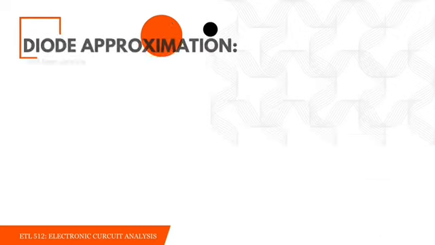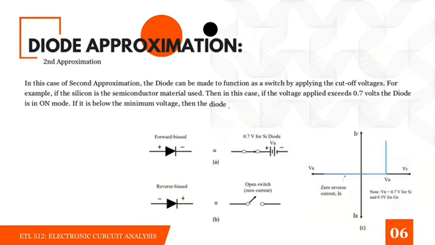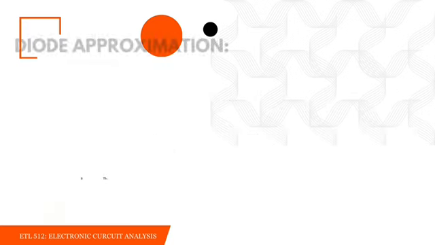In the second approximation, the diode can be made to function as a switch by applying the cutoff voltages. For example, if silicon is the semiconductor material used, then if the voltage applied exceeds 0.7 volts, the diode is in on mode. If it is below the minimum voltage, then the diode is in off mode. Therefore, in this way the diode acts as a switch.